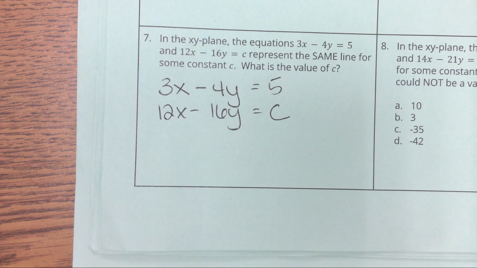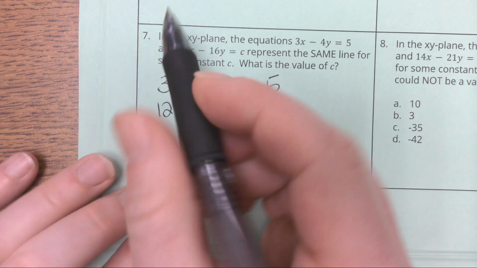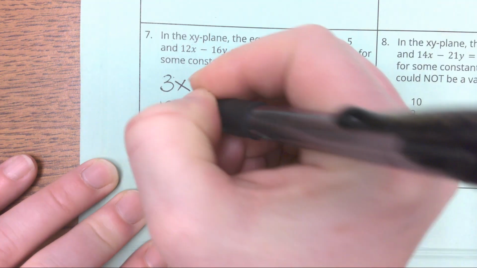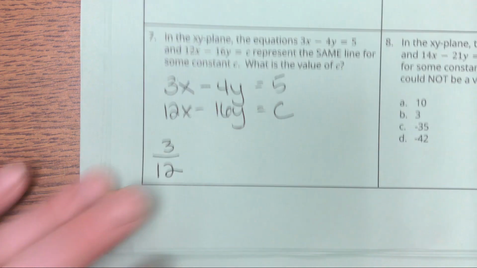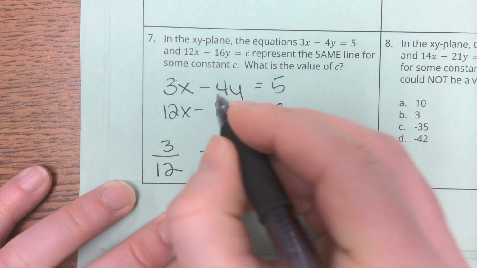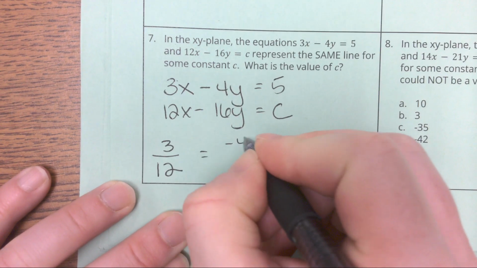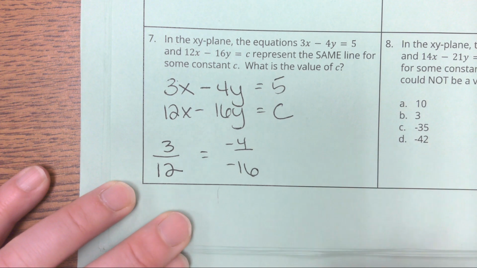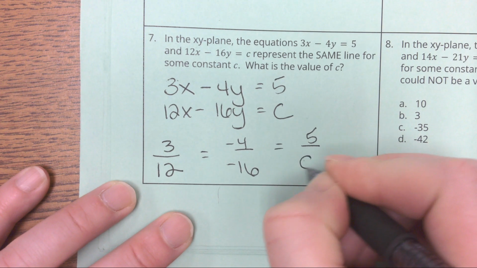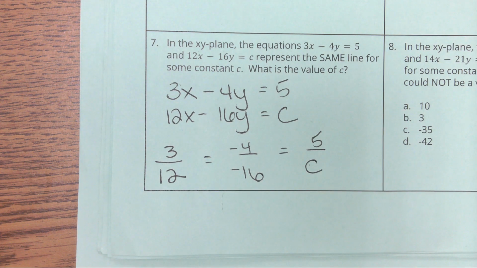If these lines are the same, the ratio of 3 to 12, or you could write it as 12 over 3, would have to be the ratio of negative 4 to negative 16. And that also would have to be the ratio of 5 to c. All of those things, when you divide them, would have to be the same thing.